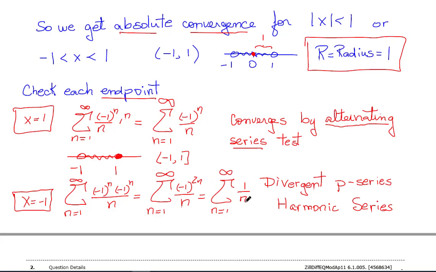Well, this is a divergent p-series where p is 1, which is the harmonic series, and we know that this diverges. So no, I do not get the other endpoint, just minus 1 to 1 with the right endpoint included.